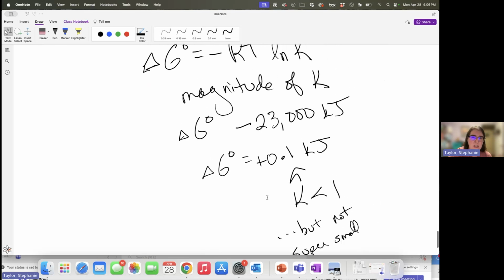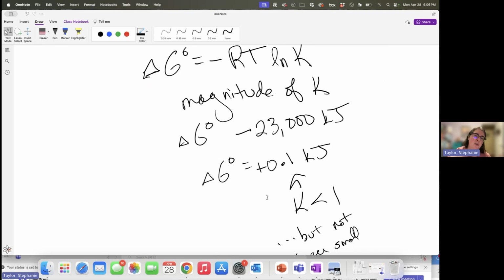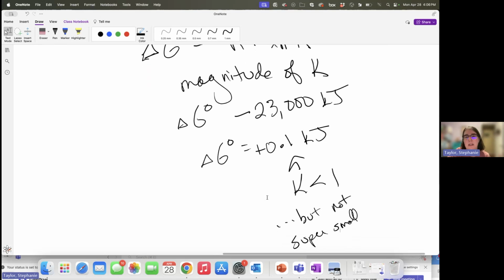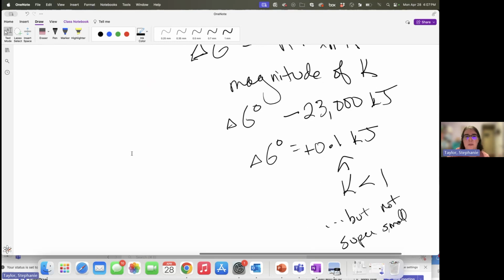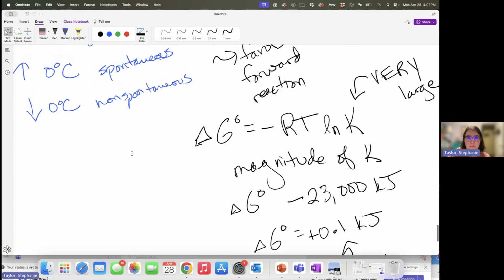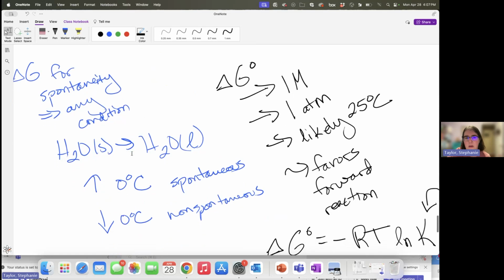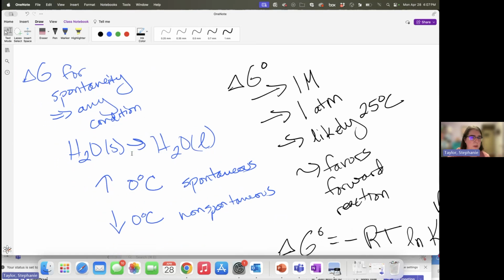So delta G standard, because it gives us those standard conditions, can tell us whether we expect K to be very, very big, or very, very small. It gives us general ideas of magnitude. So I hope that helps on delta G and delta G standard.